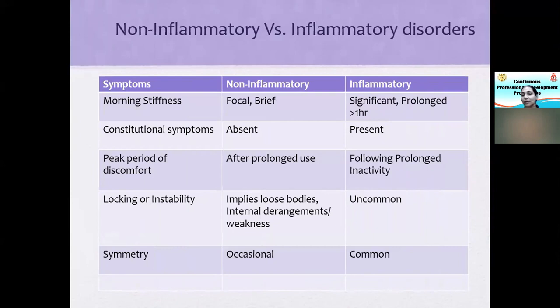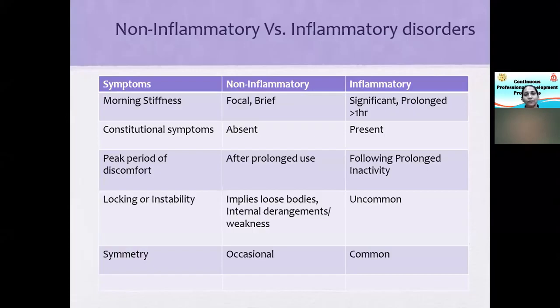We know in inflammatory arthritis, the morning stiffness could be very significant and it is prolonged. Usually, it is taken as more than 30 minutes, but most inflammatory arthritis will have morning stiffness of more than 1 hour. Whereas in non-inflammatory conditions, it is more focal stiffness and it is brief, lasting less than 30 minutes.